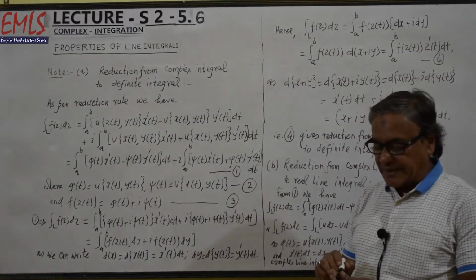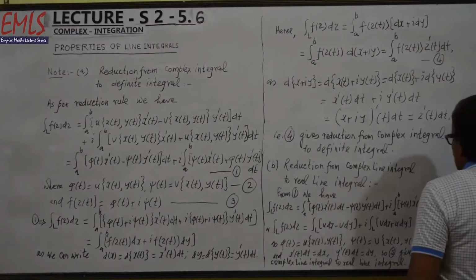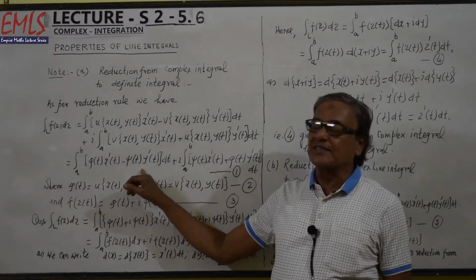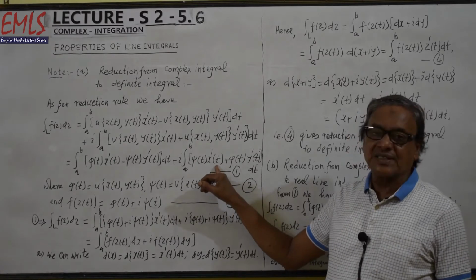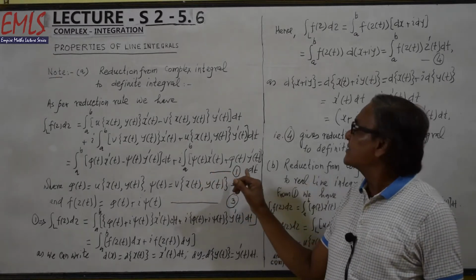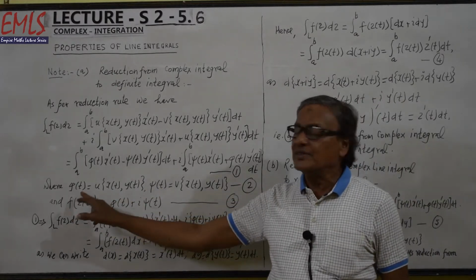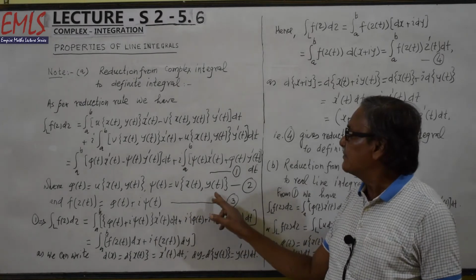And this can be written as integral a to b [phi(t) x'(t) minus psi(t) y'(t)] dt plus i times integral a to b [psi(t) x'(t) plus phi(t) y'(t)] dt, where phi(t) is u(x(t), y(t)) and psi(t) is equal to v(x(t), y(t)).